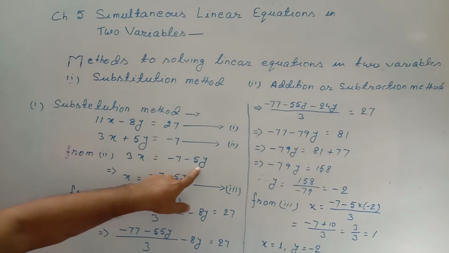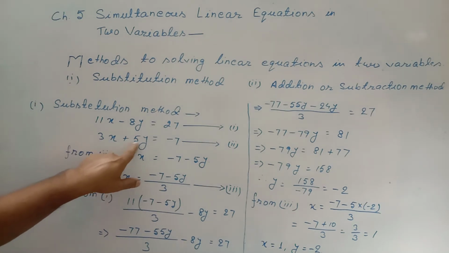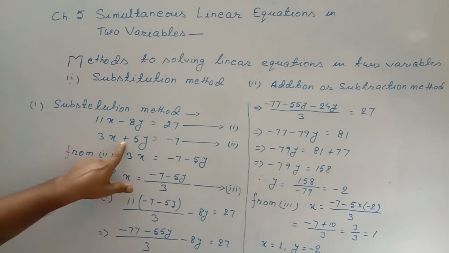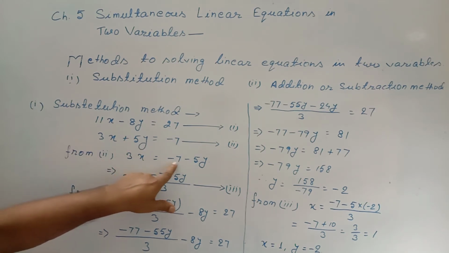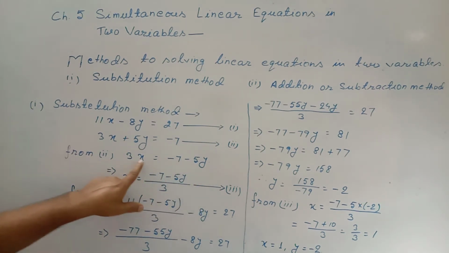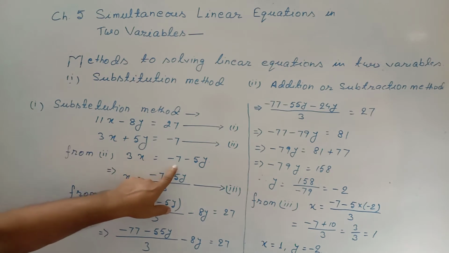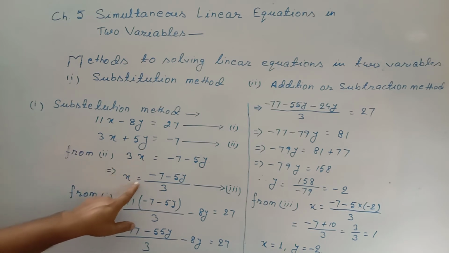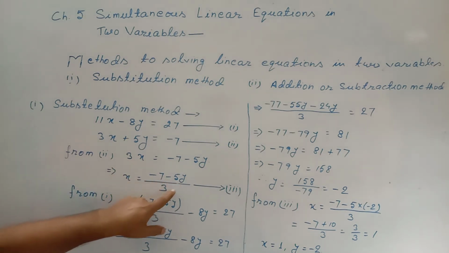By the substitution method, 5y went to that side. After changing the side, the sign will also change, and now it became minus 7 minus 5y. So x equal to minus 7 minus 5y divided by the coefficient of x, and in this way we have x equal to minus 7 minus 5y by 3.